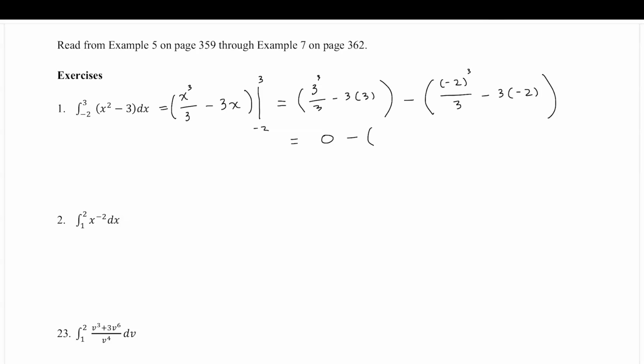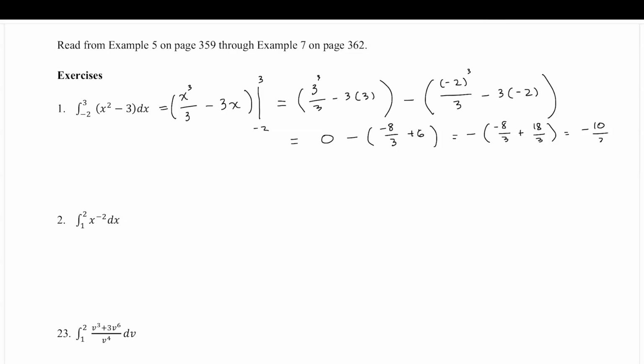And I wouldn't skip steps here. I'd be careful with your signs. You know, you might be tempted to kind of do more than one thing at a time. I don't recommend it. Negative 2 cubed is negative 8 over 3. Now I have a plus 6. And I want to put everything in thirds.